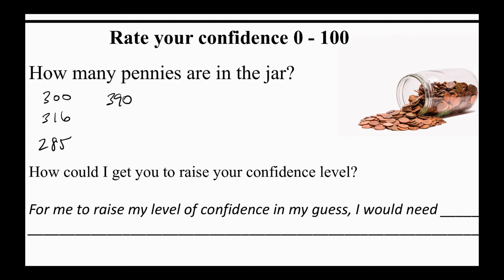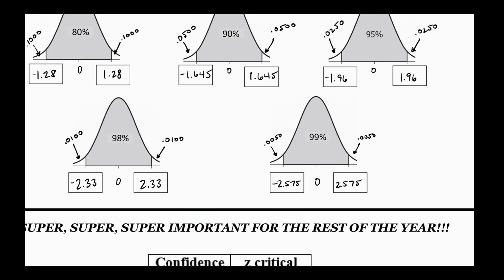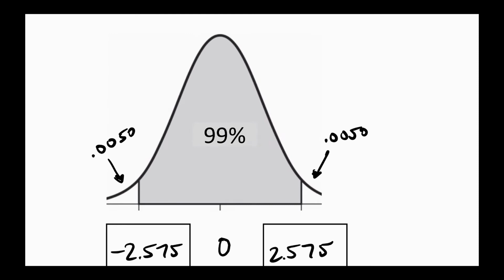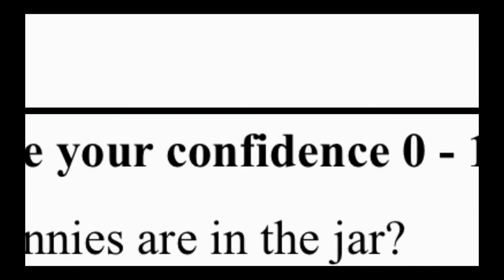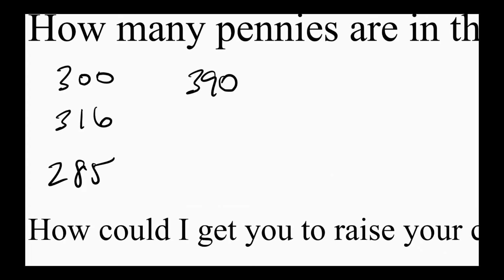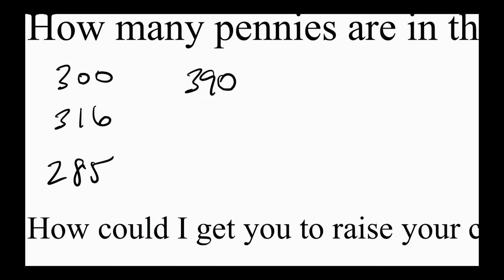You can't be 100% confident, but you can get pretty close to that. I'm 99% confident that the true number of pennies is between this number and this number. Because the numbers you guys are giving me are not even close.